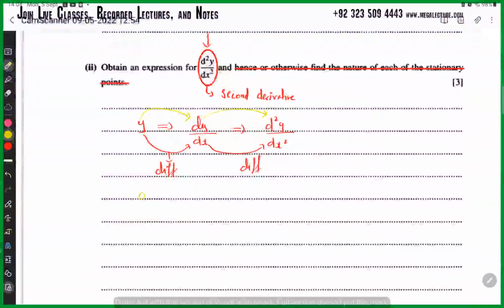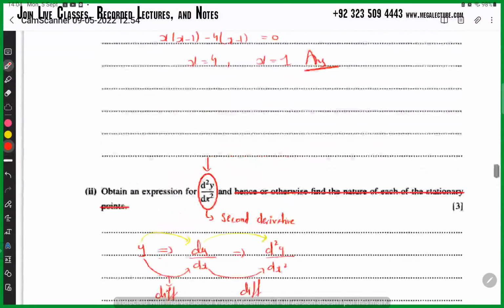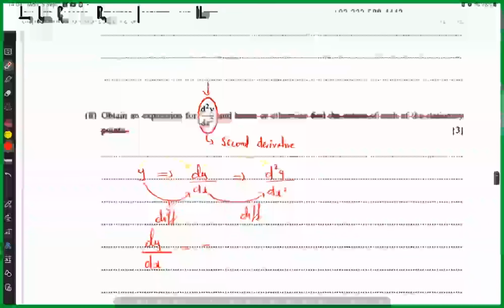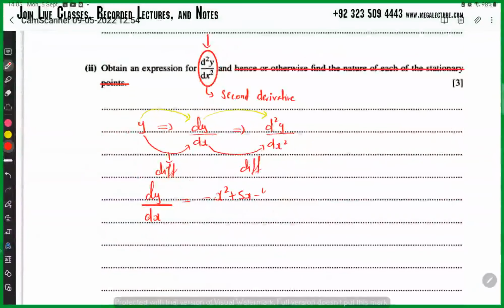dy by dx is basically minus x squared plus 5x minus 4. This is the equation of the derivative.